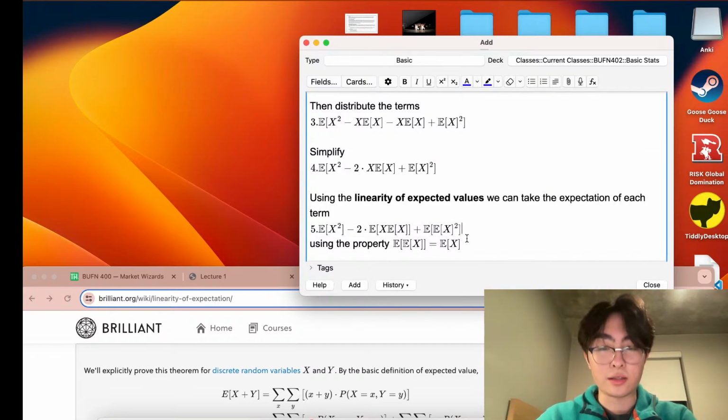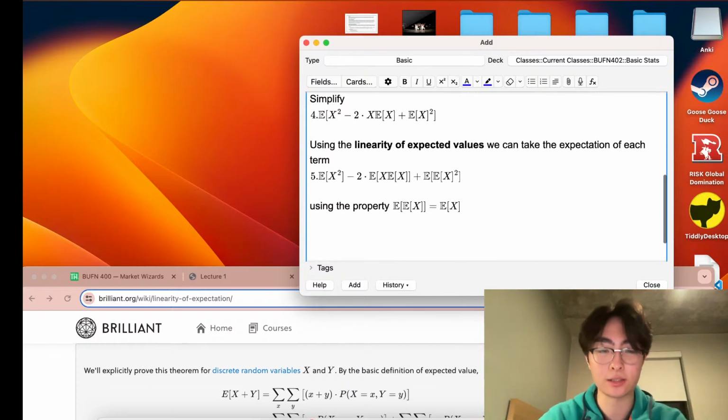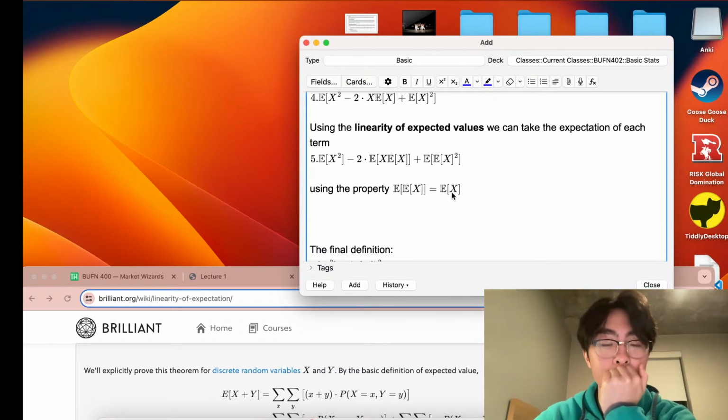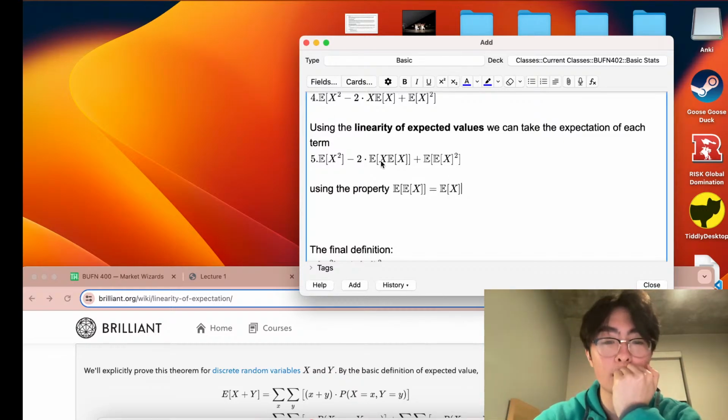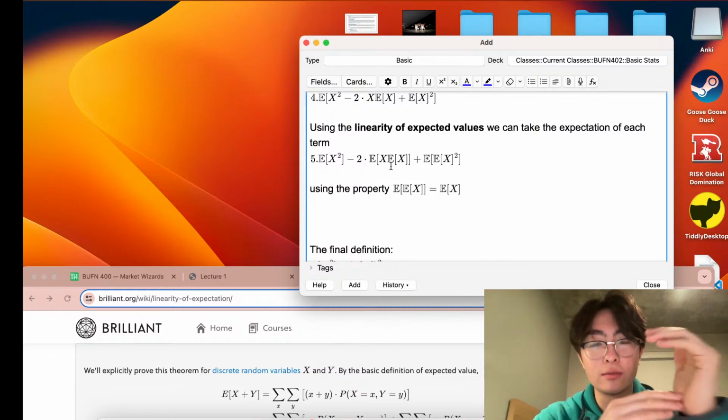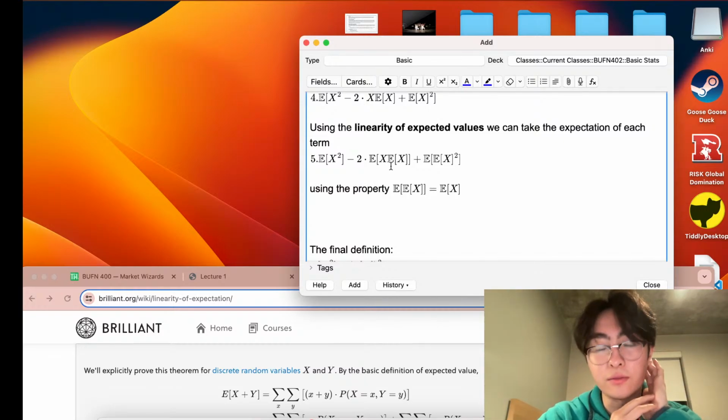Expectation of the expectation of x squared. Okay, so what is this? Expected value of x times the expected value of x.